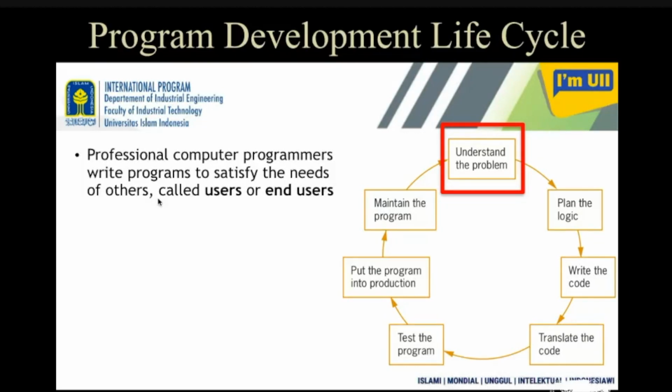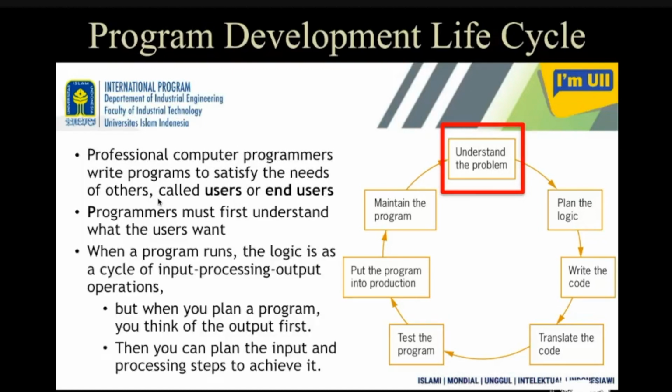The programmer must first understand what the user wants, the output. Say I want centigrade to Fahrenheit. What I need is a temperature first, not a distance. Then I have to understand the meaning of Fahrenheit and how it will be represented. All these things I have to understand before writing a program.